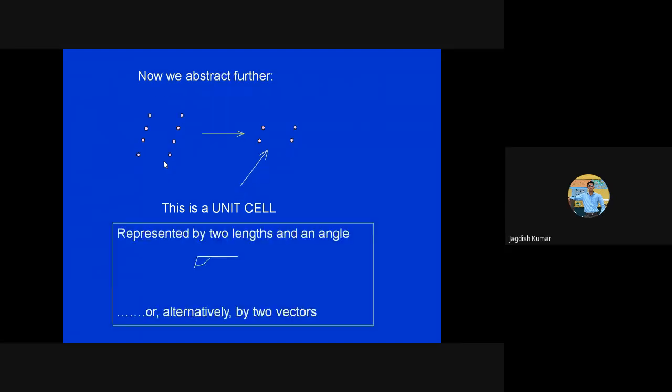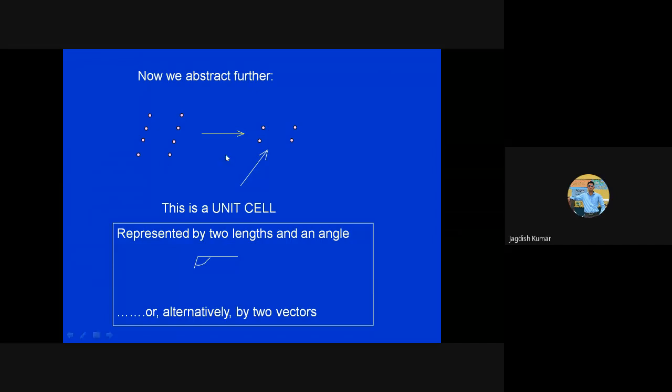Anyway, we have something called a unit cell, and the question is how we can represent it. I hope you know lattice and unit cell. In a two-dimensional lattice, a unit cell is represented by two lengths and an angle between them, isn't it?